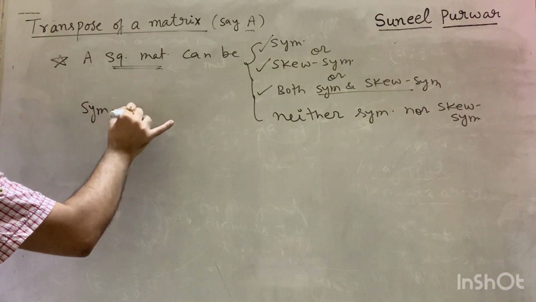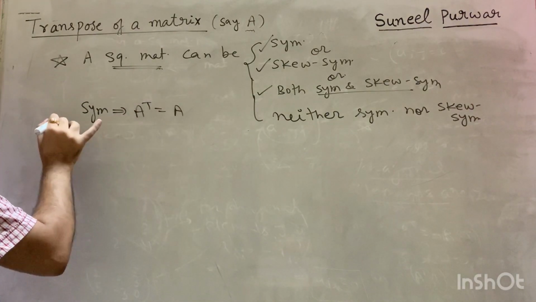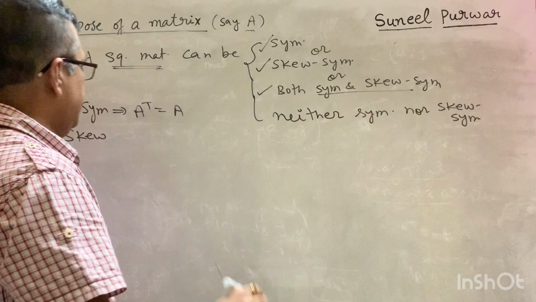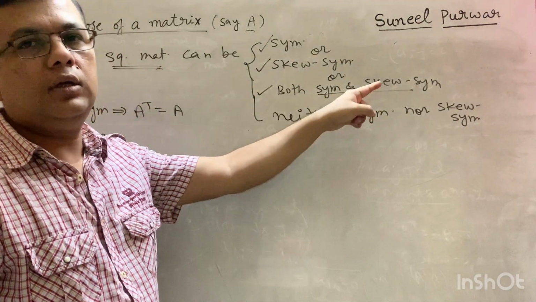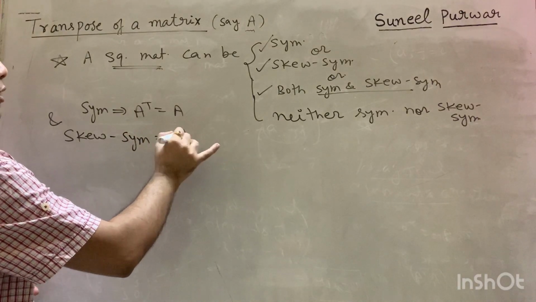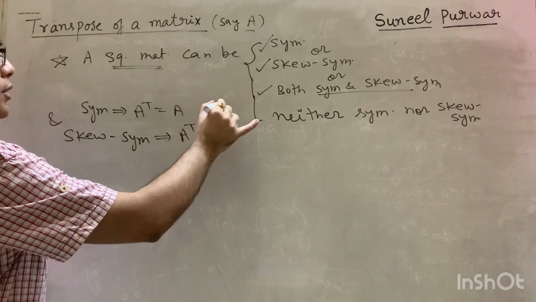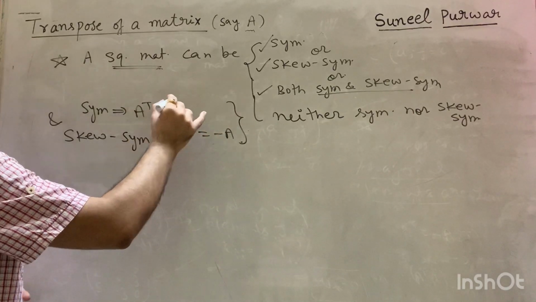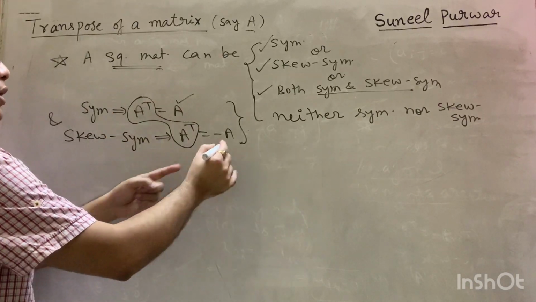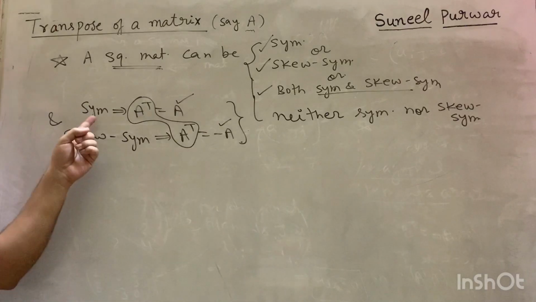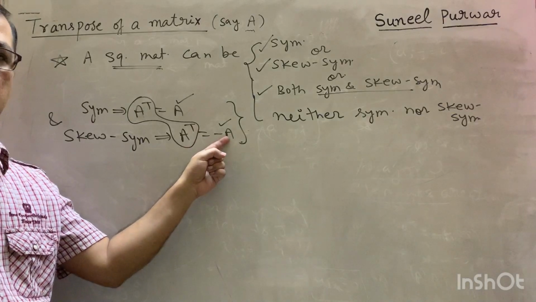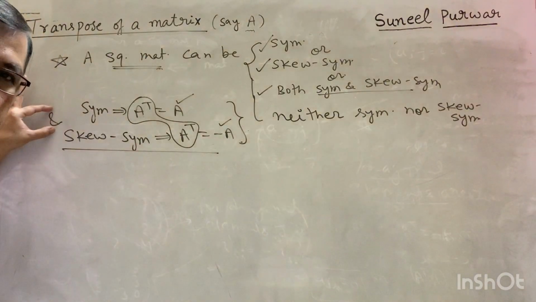Symmetric means A transpose is equal to A. Skew symmetric means A transpose is equal to minus A. Now look at these two relations. Because of symmetric, A transpose is equal to A, and because of skew symmetric, A transpose is equal to minus A. And both things are happening.